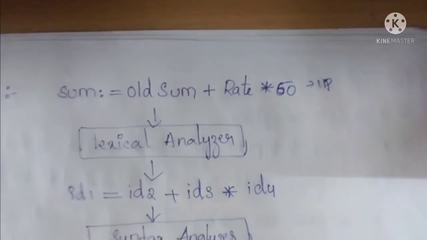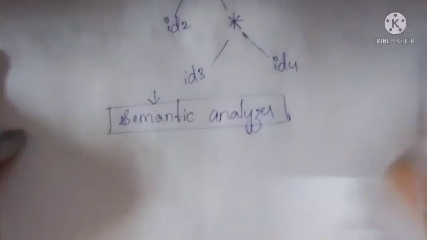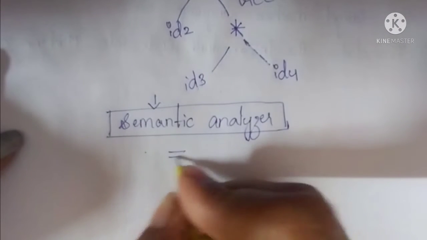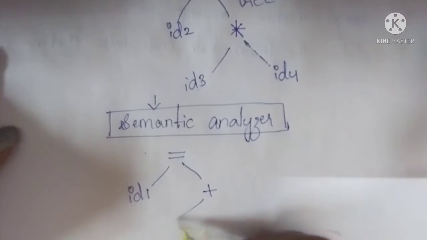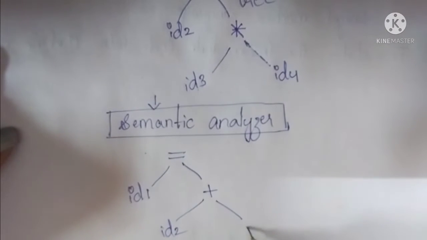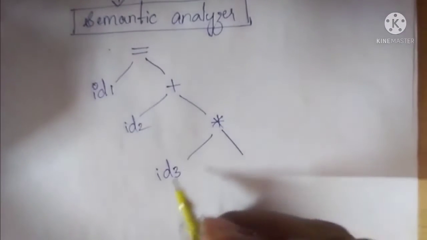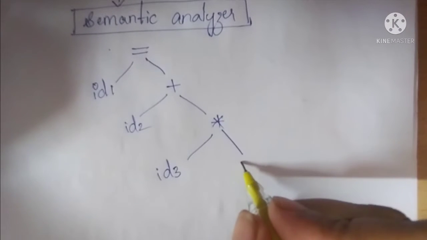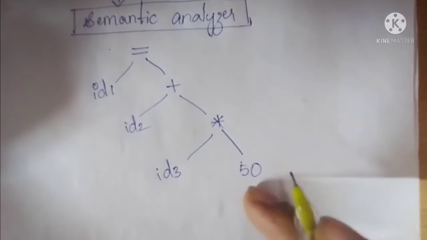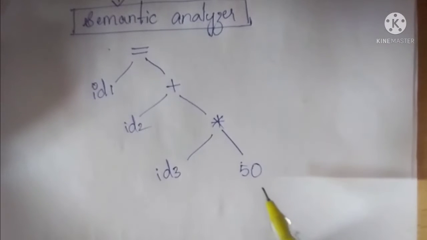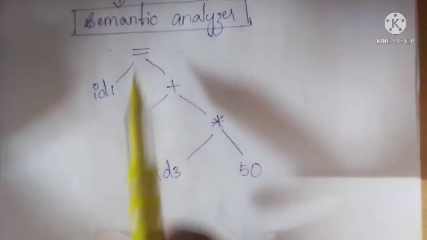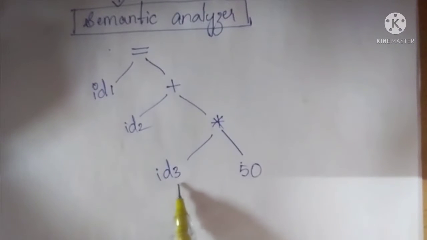So I will use it here, see. Take the same diagram: equal to, on this side id1, next plus, id2, next the into symbol, id3, and in this place, at the id4 place, we have to write the value 50. Why are we writing that value here? id1 equal to id2 plus id3 into 50.